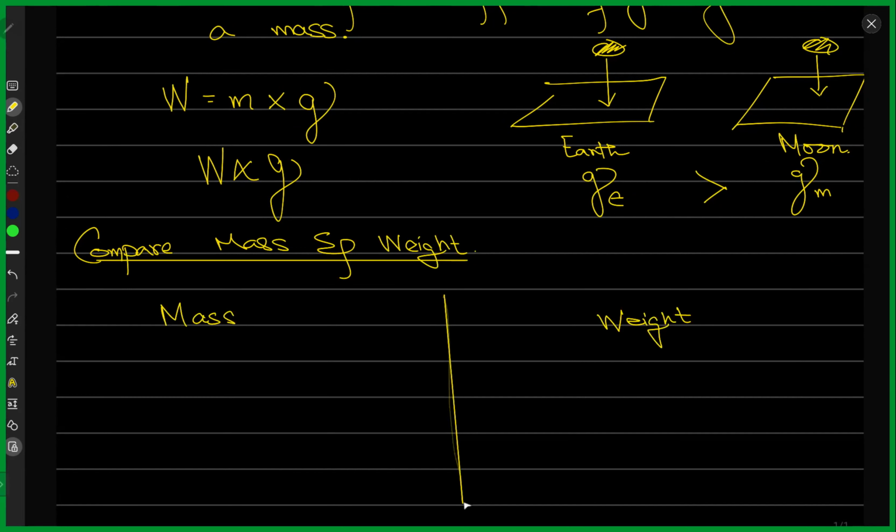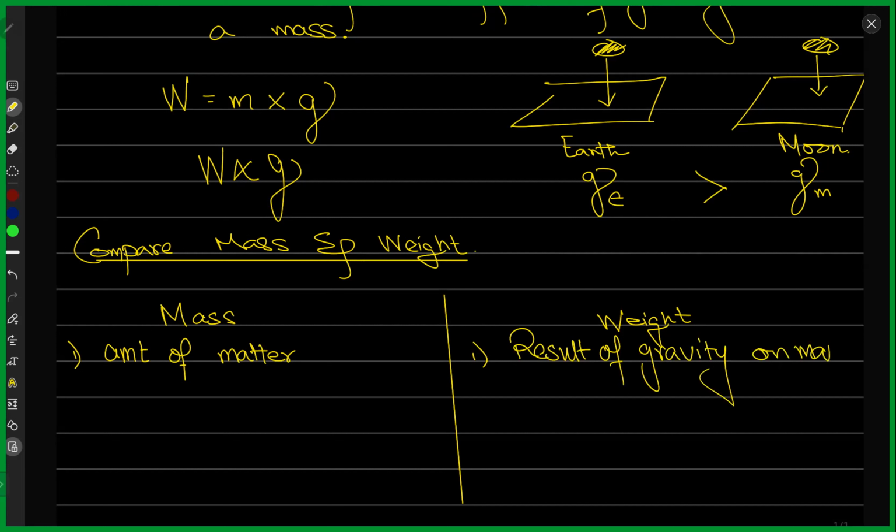All right. Okay. So first, mass is the amount of matter, or you can say it's the measure of inertia, while weight is the result of gravity on matter, or you can say on mass, right?